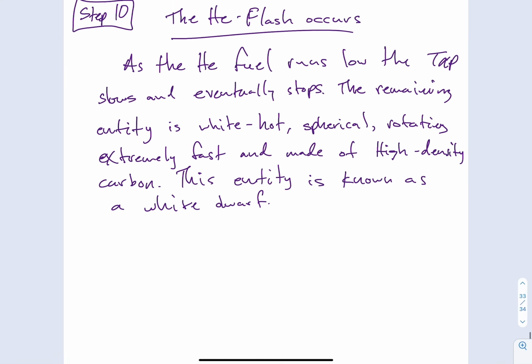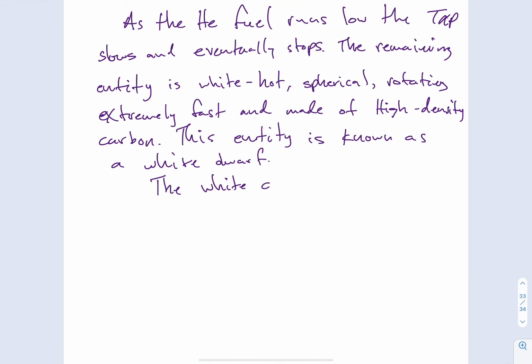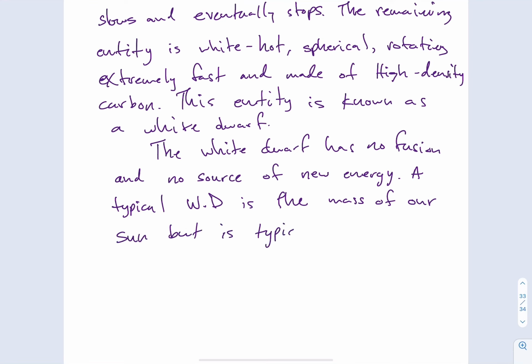The white dwarf has no fusion taking place and no source of new energy. A typical white dwarf has the mass of our sun, but is approximately the size of the Earth. That's why I say high-density carbon.